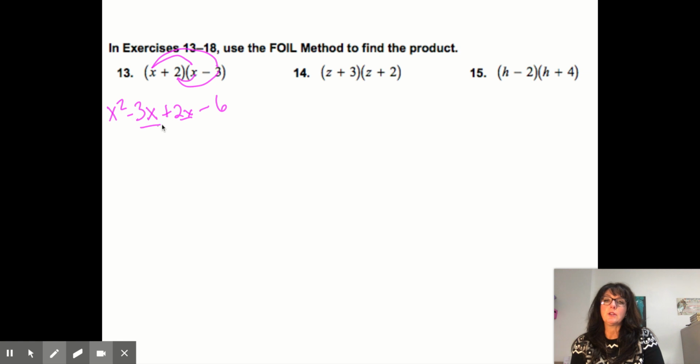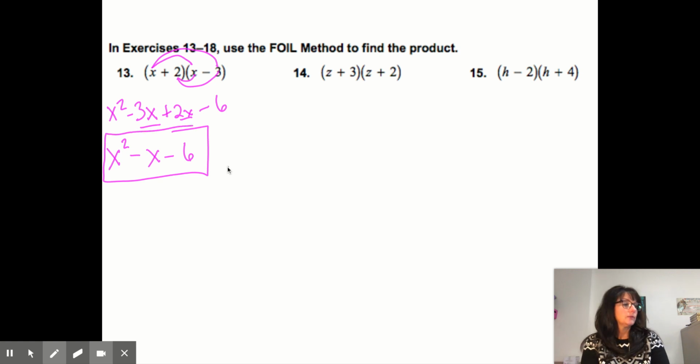So the two that are like terms are right here in the middle. You have a negative 3x plus 2x, so we get x squared minus x minus 6 as our simplified product. Okay? Go ahead and do number 14 using FOIL.